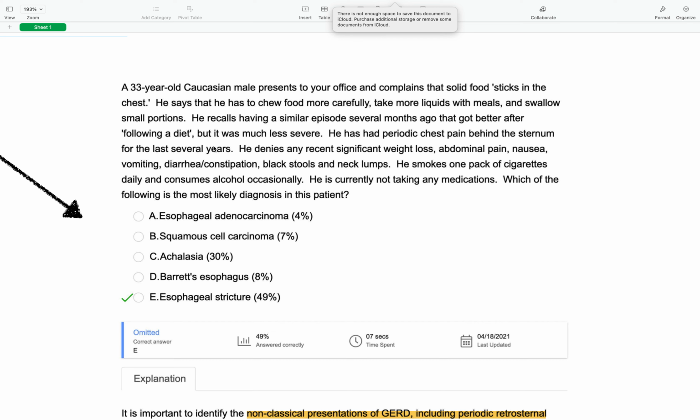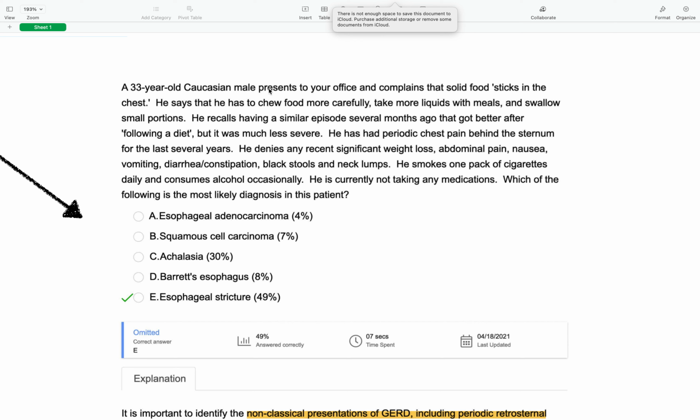This kind of a chest pain which resolves following a diet, it sounds like GERD, okay? And especially in this young age group who is a smoker, occasional alcohol consumer, okay? So this sounds more like GERD, okay?